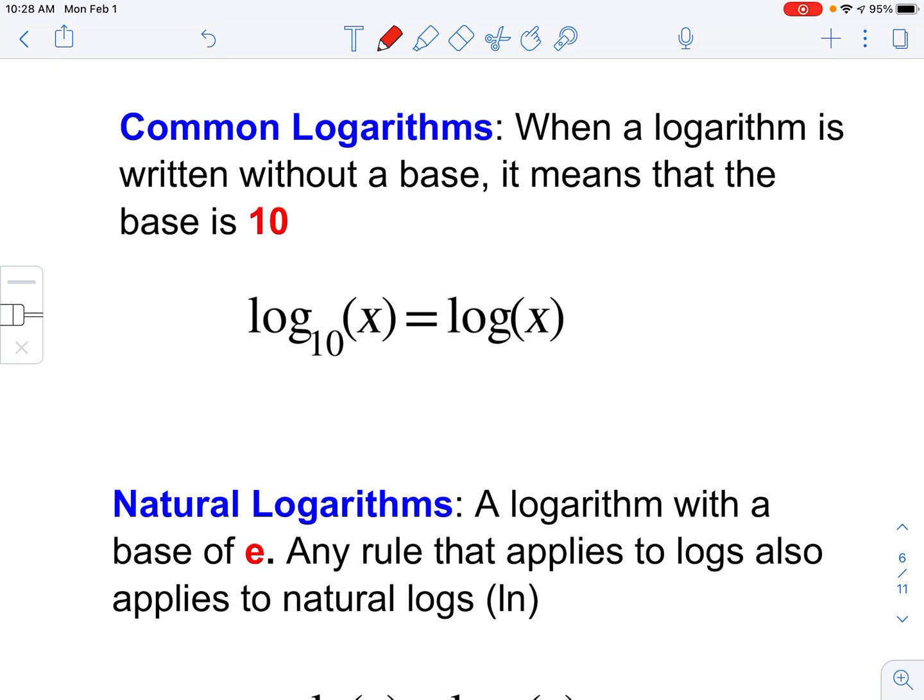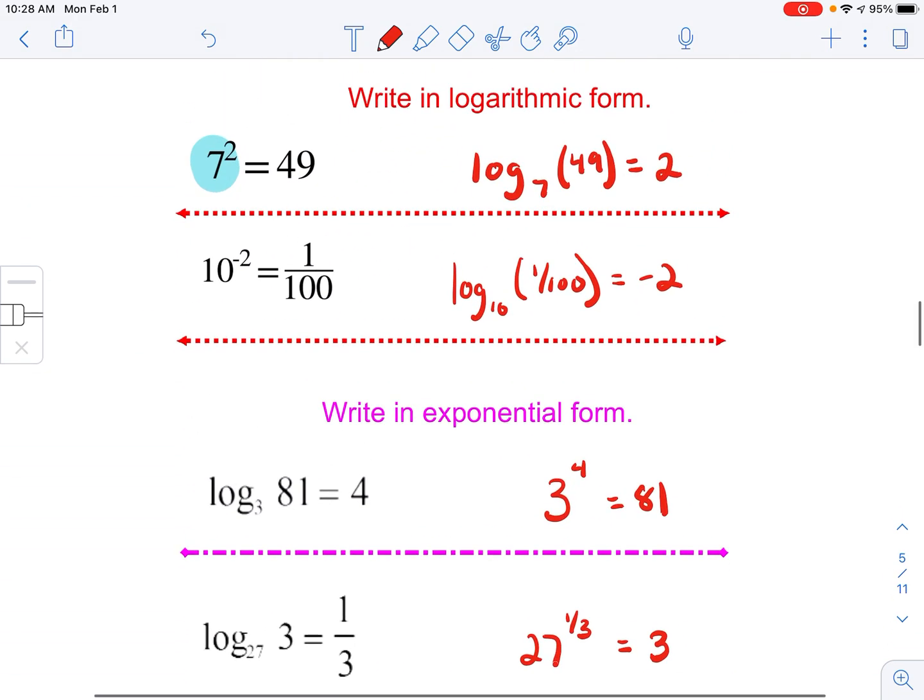So a common logarithm is when the logarithm is written without a base. It is assumed that the base is 10. So log base 10 of x is really the same as log of x. We are assuming that the base is going to be 10. For example, we wrote log base 10 of 1 over 100 is equal to negative 2.